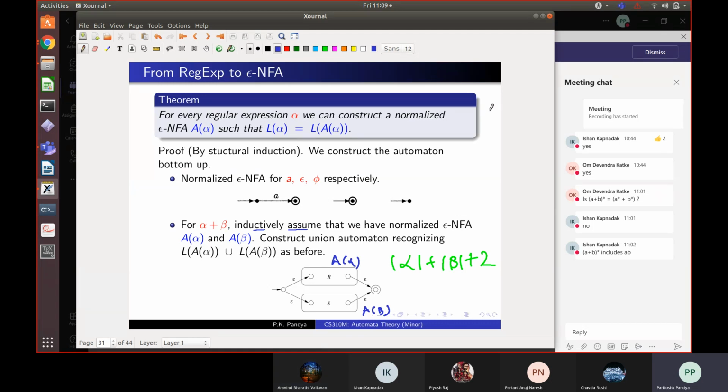Let us take it up in the next class. I'll remember both these questions, and in the next class we will deal with that also. What do we do with complement, and what will be the equivalent expression? It's very straightforward, but the next lecture will give you the answer.